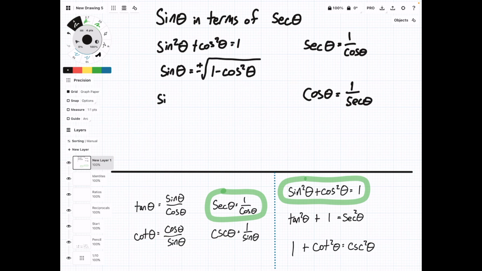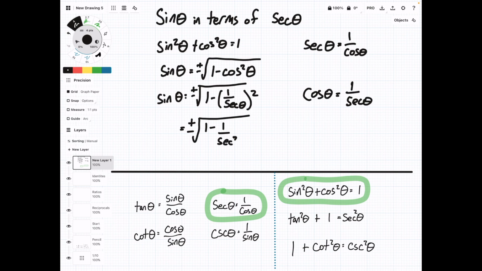So we can rewrite this as sine theta equals plus or minus the square root of 1 minus 1 over secant theta squared. And if we do this out, plus or minus square root of 1 minus 1 over secant squared theta.